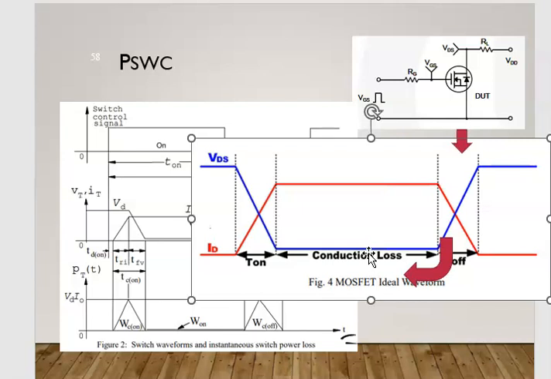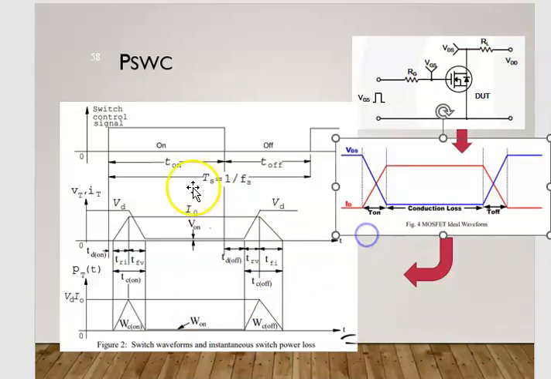There is voltage drop across the switch or across the diode, and when you switch on, it will contribute to the conduction loss. And during transition, it does not turn off abruptly or suddenly, but it has a delay. So this delay will contribute to our switching loss. This is the so-called time to turn on and time to turn off.